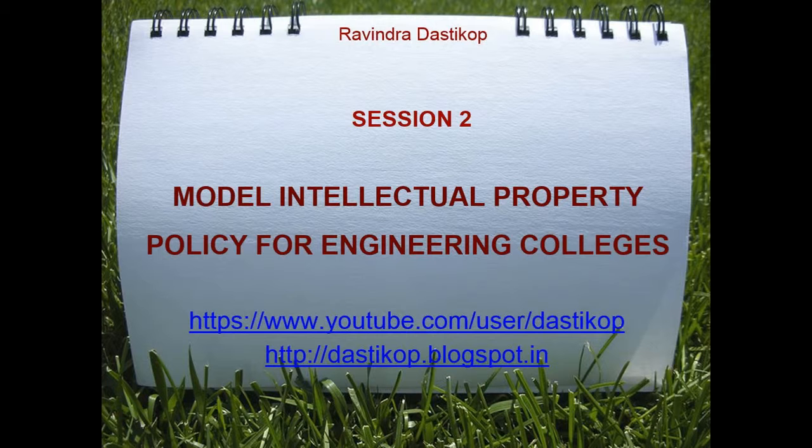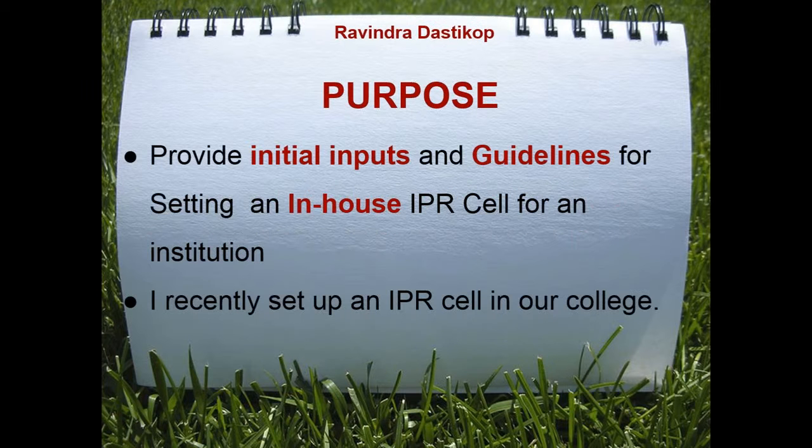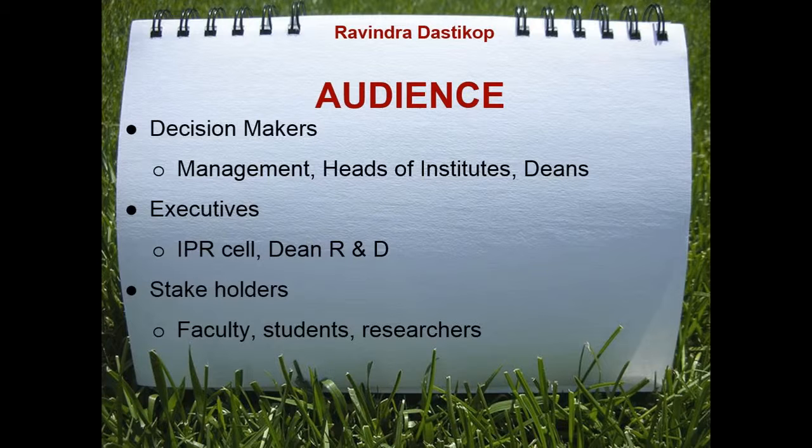As you know, when you run an institution like an engineering college, or even a business or organization, you have to have a policy for everything. For example, if you are recruiting people, then you have a recruitment policy. And if you want to retain good people, then you must have a career advancement policy. Similarly, you should also have an intellectual property policy that would create an ecosystem within an institution, which shows that the institution is very serious about intellectual property.